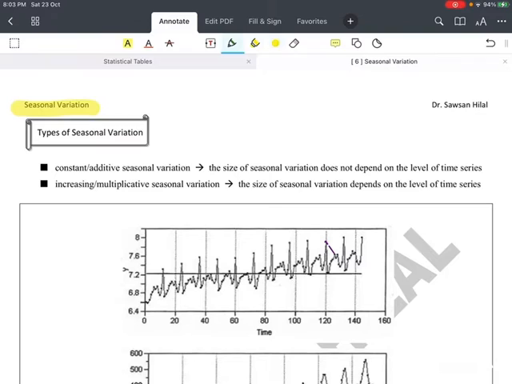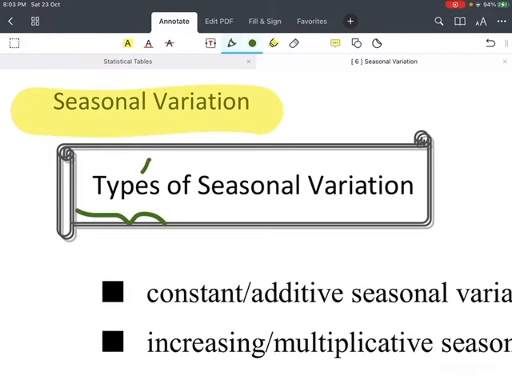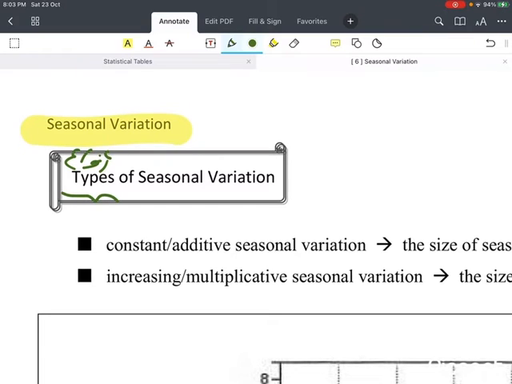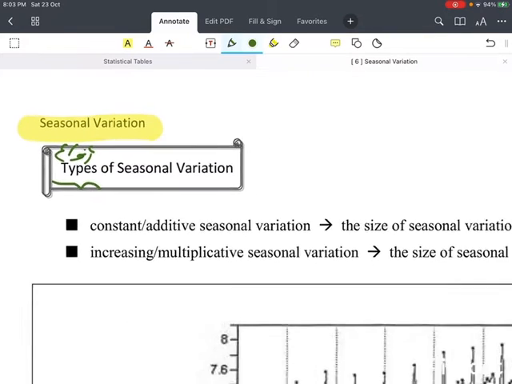First of all, we will talk about the types of seasonal variation. We have two types.